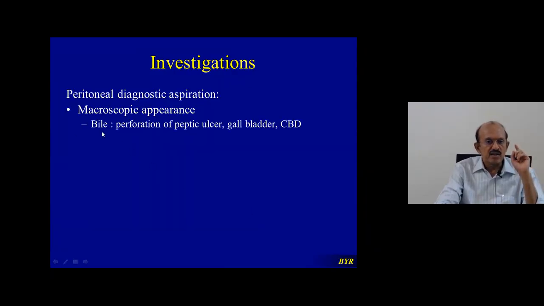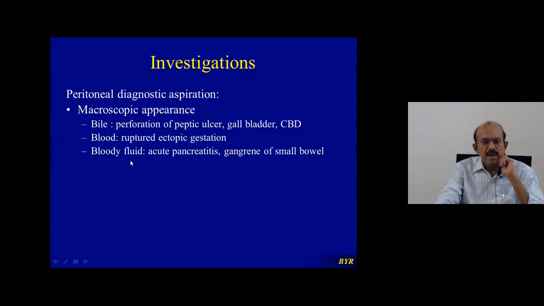If it is greenish, the cause can be perforation, or perforation of the gallbladder or CBD. If it is blood, it is due to ruptured ectopic gestation. If it is bloody fluid, that means thin blood with fluid, it is due to acute pancreatitis or gangrene of the small bowel.